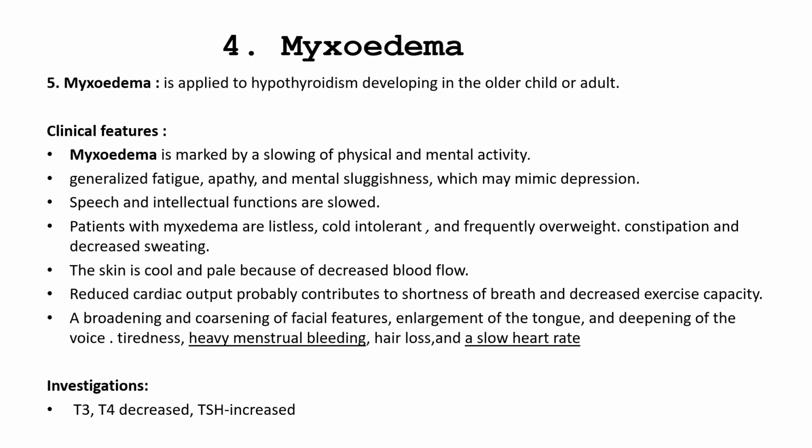The skin is cool and pale because of decreased blood flow, and reduced cardiac output causes shortness of breath and decreased exercise capacity. There is broadening and coarsening of facial features, enlargement of the tongue, deepening of the voice, tiredness, heavy menstrual bleeding in females, hair loss and slow heart rate. On thyroid function tests, T3 and T4 are decreased and TSH is increased.